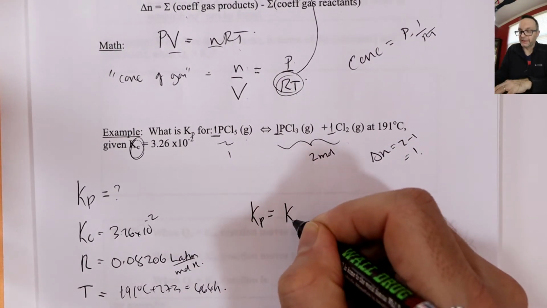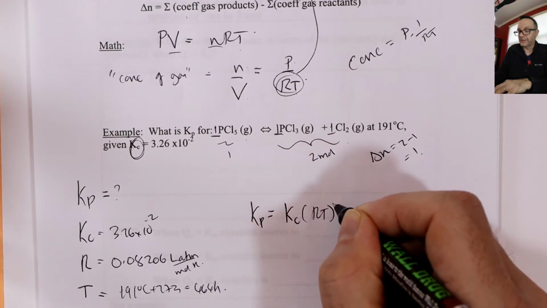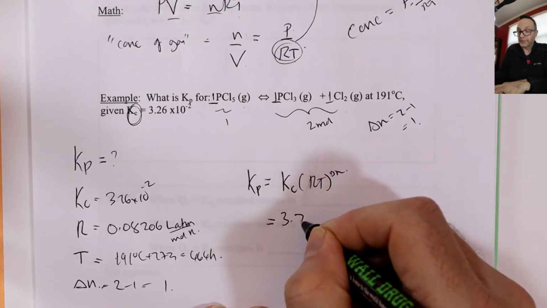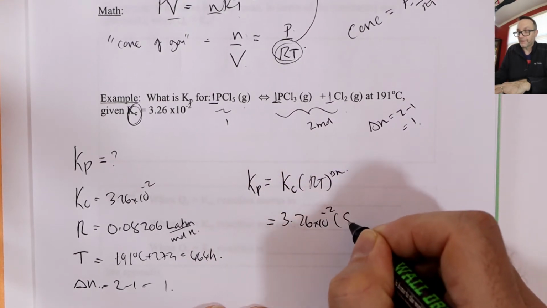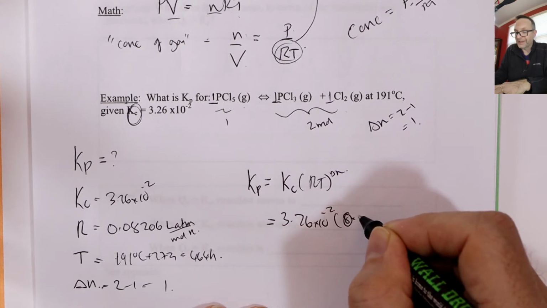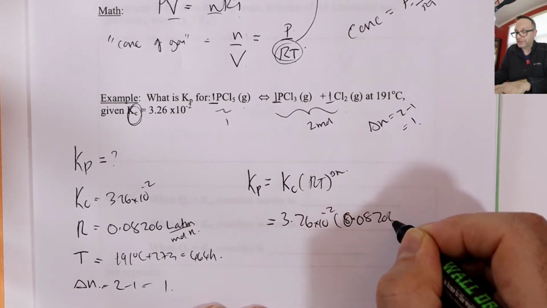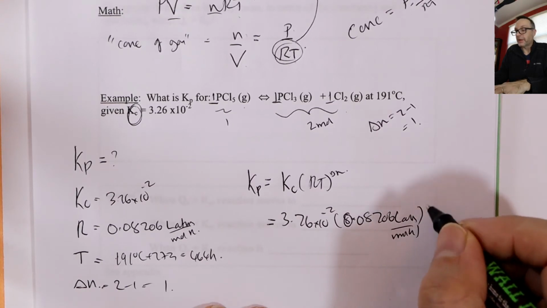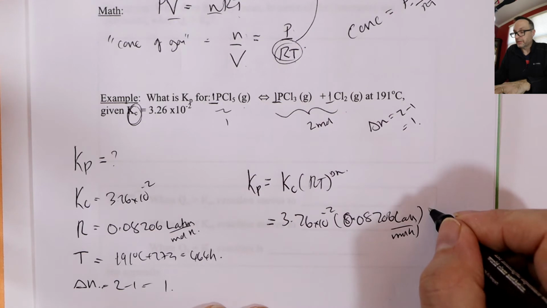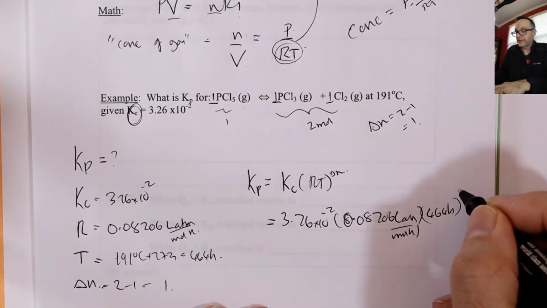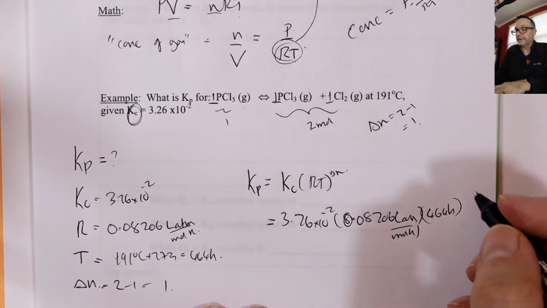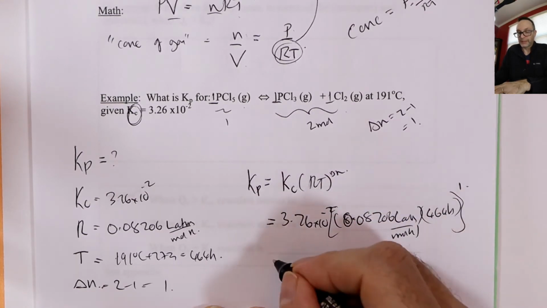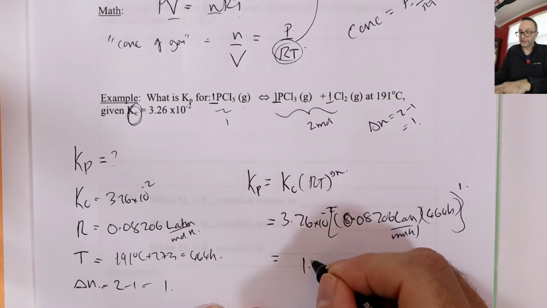Maybe I'll just write it for completeness: Kc RT delta N, which equals 3.26 times 10 to the minus 2, times 0.08206 liters atmosphere per mole Kelvin, times T, 464 Kelvin. Raise all that to the power of 1. Work it through, what you get, I get 1.2.